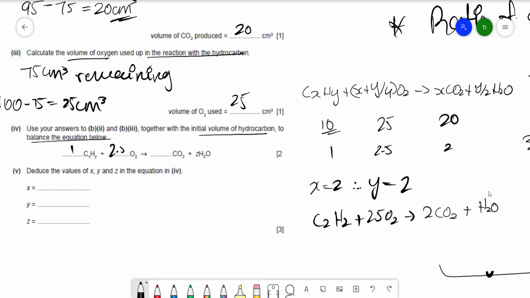For O2, it's 2.5. And for carbon dioxide, it's 2. So x, what is x? X is 2, right? C2, and y is also 2. And what is z? Z is H2O. So for H2O we only have 1, so z is 1. Okay, I hope that makes sense.